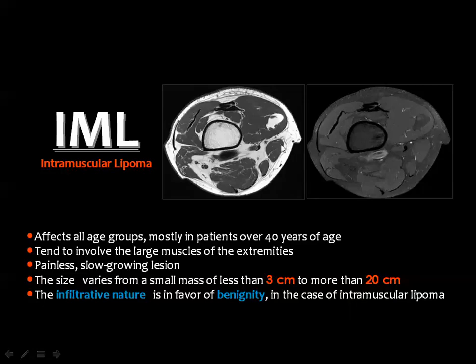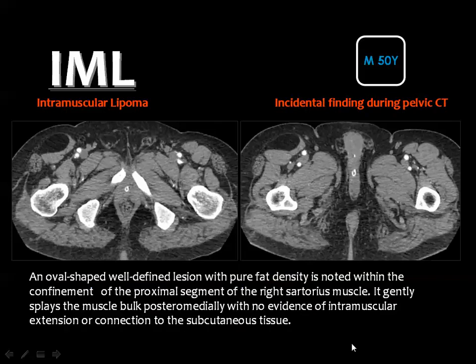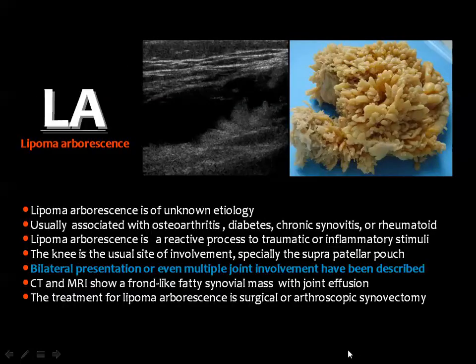The lesion has an infiltrative character within the muscle. It does not have a smooth outline, but it has some extensions within the muscle, and this is diagnostic of being a benign lesion. Another lesion within the iliopsoas muscle, and you see its fat content by CT.